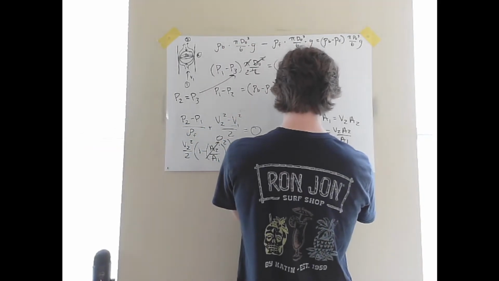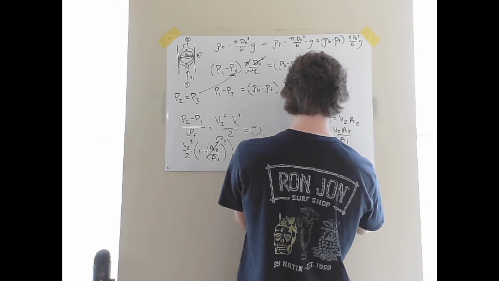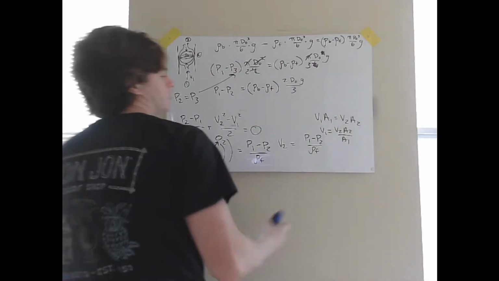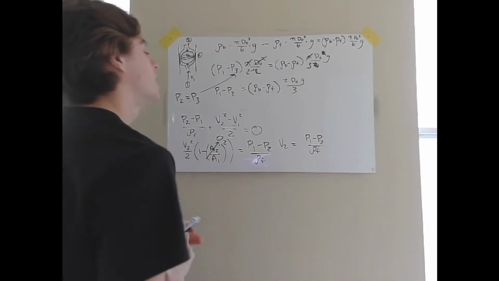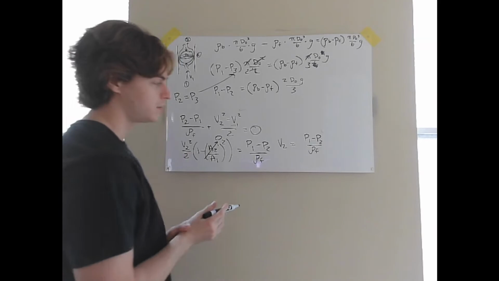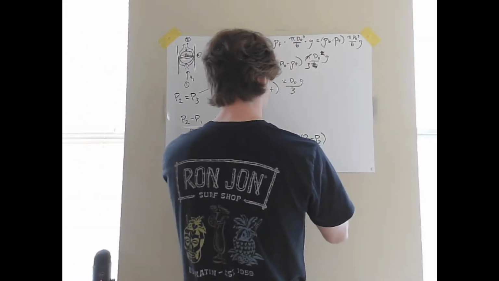We have the right side of the equation, which is P1 minus P2 over the density of the fluid. To get rid of this 2 in the denominator, just multiply by 2. And then we'll take the square root.